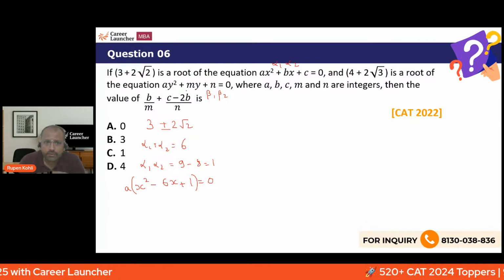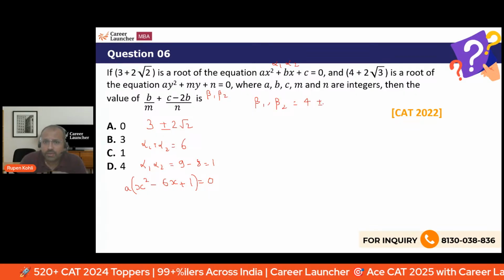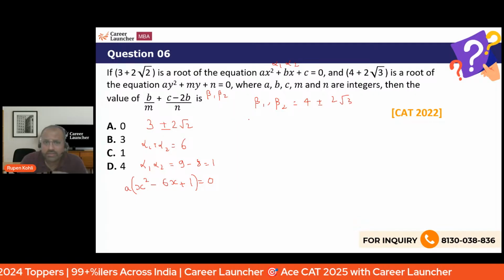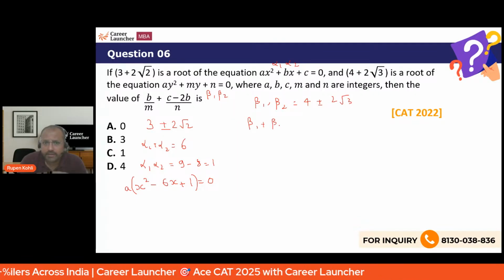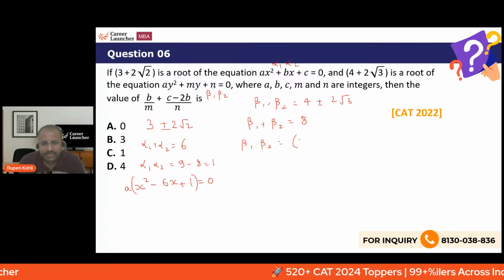Likewise for the second one, beta 1, beta 2, 4 plus minus 2 root 3, right? So the roots beta 1, beta 2 are 4 plus minus 2 root 3. So what is the sum? 8, right? 4 plus 4 is 8, and product beta 1 into beta 2 is, so 4 square 16, right? A plus b, a minus b.